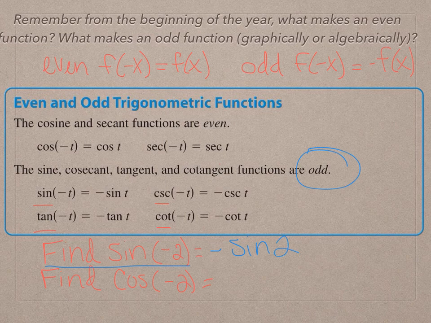Alright? And we don't know necessarily what the sine of 2 is at this point, but you could use your calculator, but we know that it's going to turn negative. Cosine, however, is going to preserve that positive value. So even if I put a negative 2 in there, it's the same thing as finding the cosine of positive 2. So those even and odd functions still hold true here.